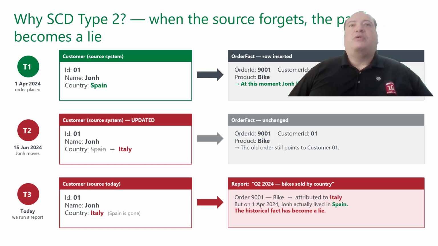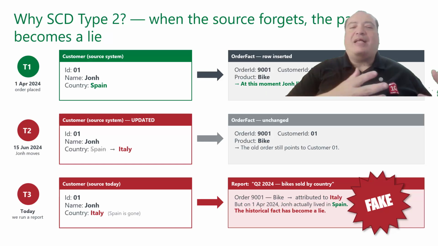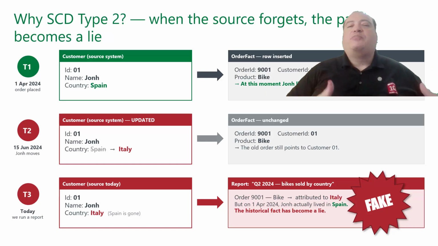In this way, we have fake historical information about that bike order. The data is fake because we allowed the update to be carried to the analytical store. The idea of SCD Type 2 is to prevent this kind of fake data inside the analytical store.